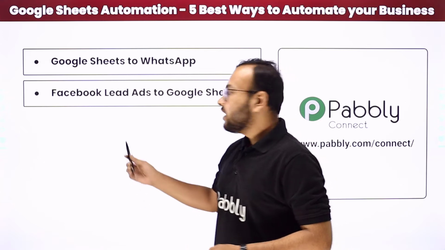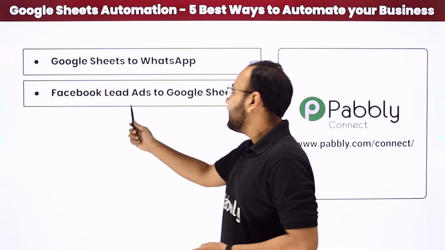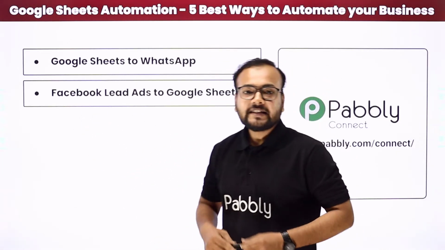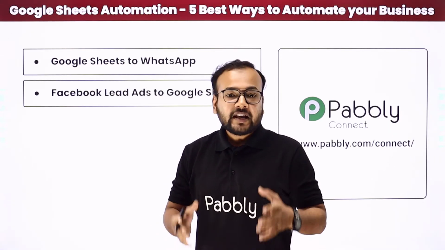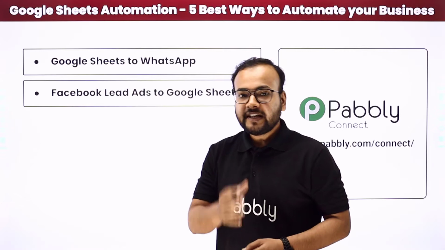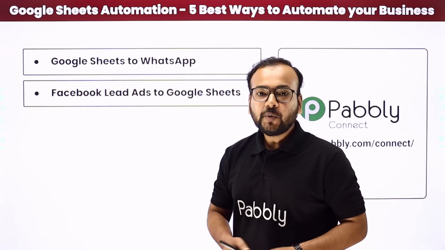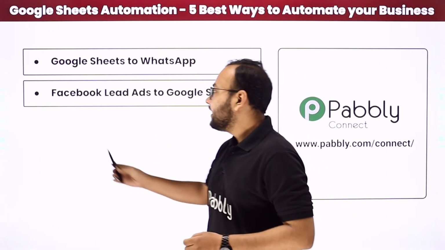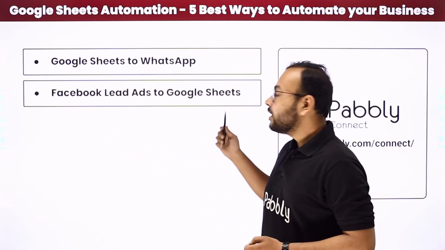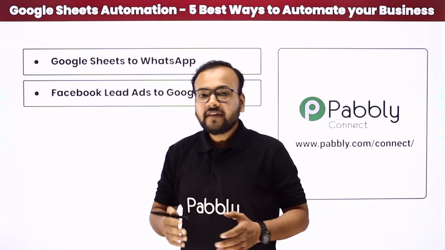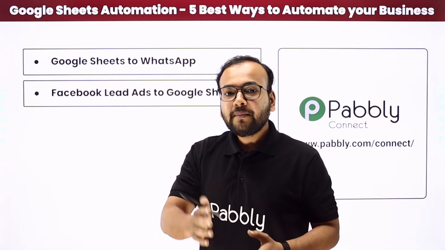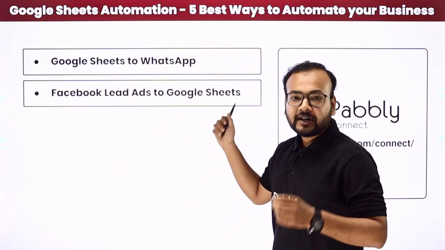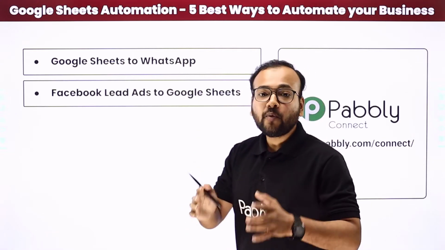So this is our second automation technique, Facebook lead ads to Google Sheets. So guys, we all know the importance of leads for business, and if you are collecting leads via Facebook, this automation is for you. Here we have connected Facebook lead ads with Google Sheets in such a way that as and when you capture any lead via your Facebook lead ad, the same lead will be added here into your spreadsheet in the Google Sheets application automatically.